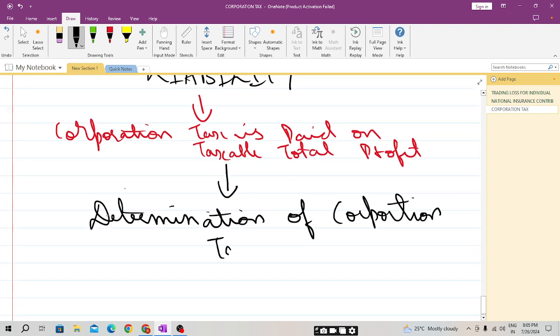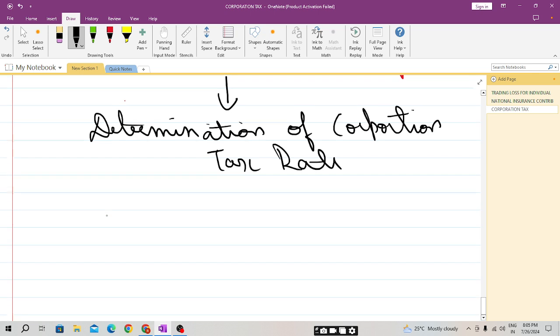So students, we have seen that to determine the corporation tax rate, we need to compare two things.